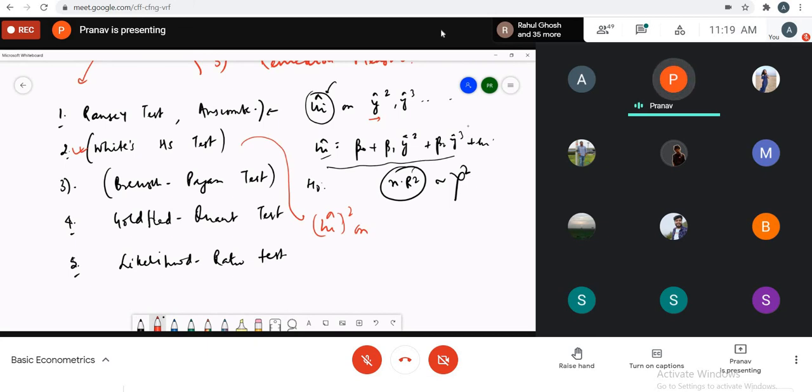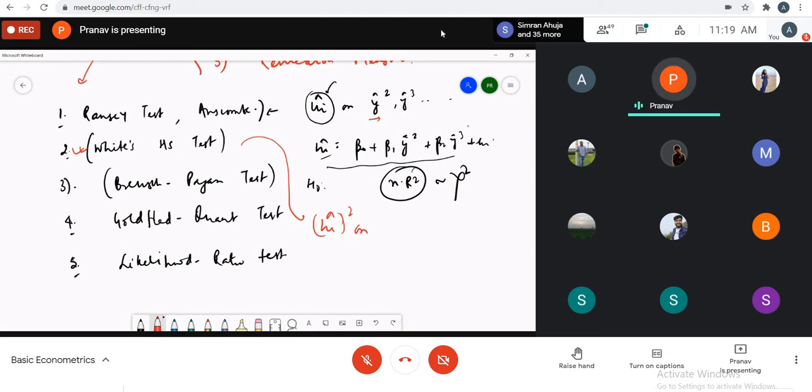So instead of running a regression of ui hat on y hat square, y hat cube and so on and so forth, White's heteroskedasticity test suggests running a regression of ui hat square on different functions of explanatory variables in the model. And when you run such a regression, they are called auxiliary regressions.